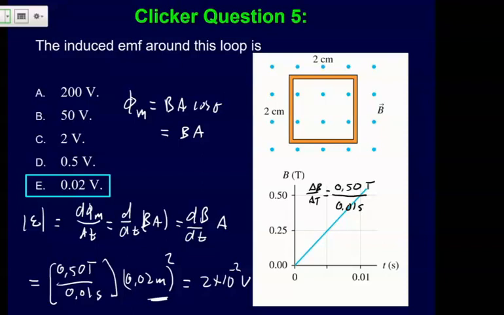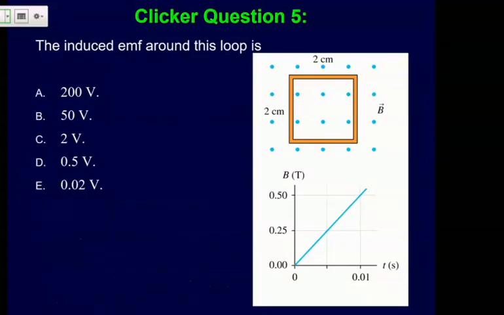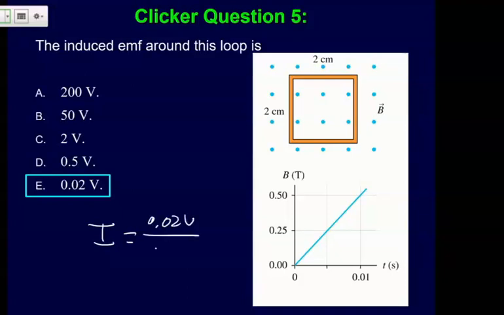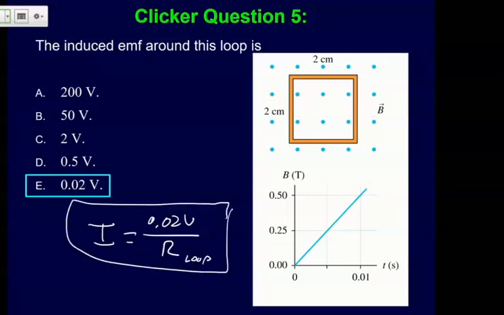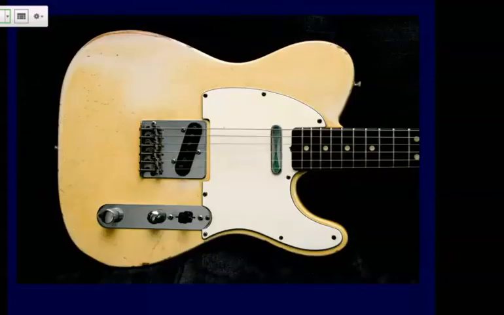What will typically happen with a problem like this is they'll be asking for the current. They would give you some way to figure out the resistance of that loop, and you would take that 0.02 volts and divide by the resistance of that loop. Just remember that, because that's generally what these problems will be asking for. So there's an extra little step there.